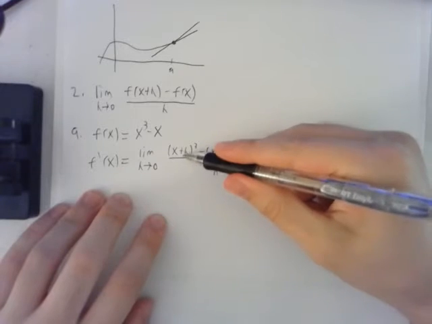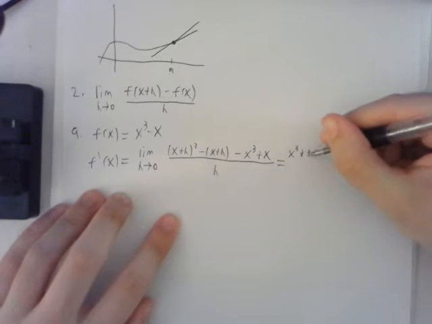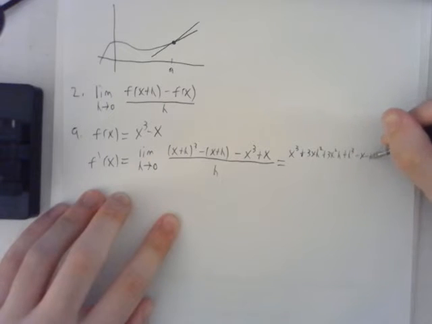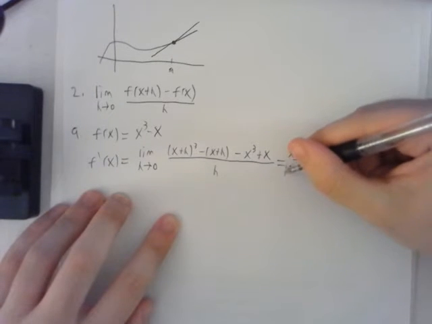You can then expand this cubic factor to get x cubed plus 3xh squared plus 3x squared h plus h cubed minus x minus x cubed plus x, all divided by h, and of course there's still a limit as h goes to 0.